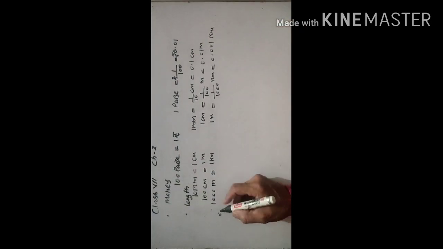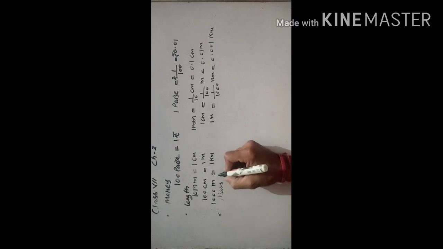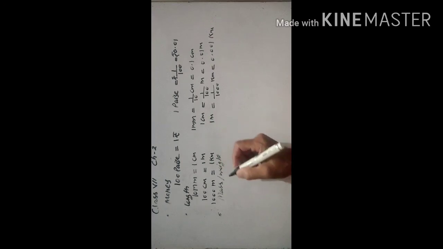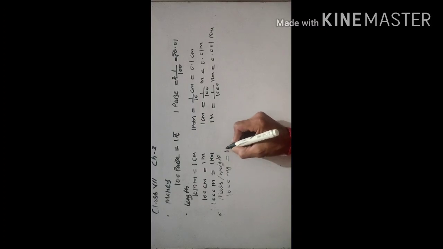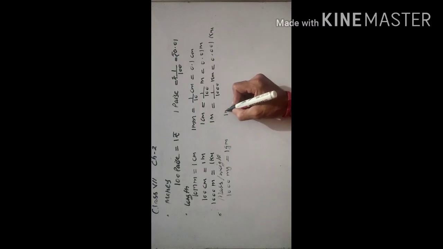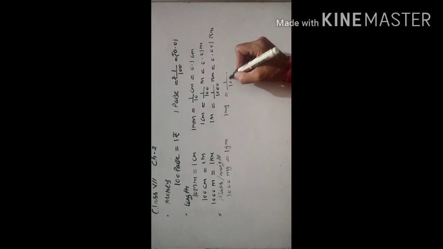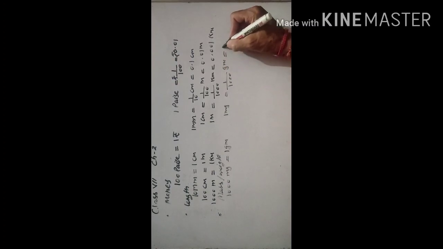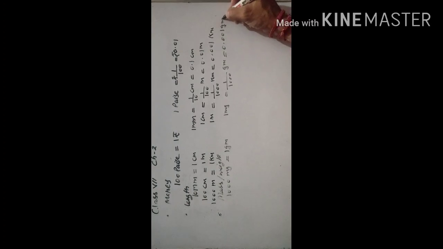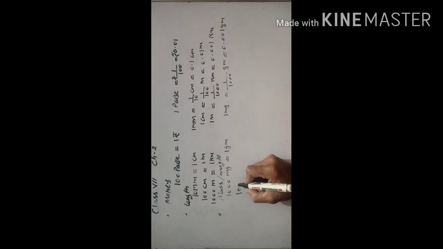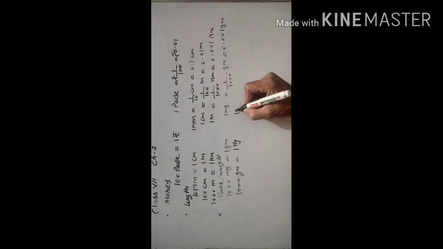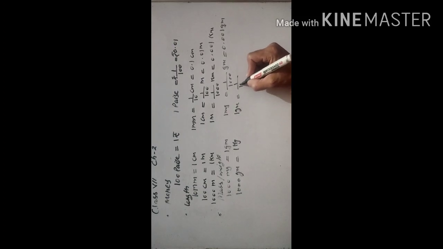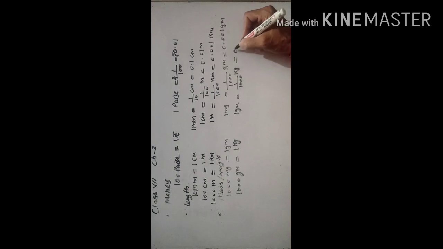Next part is weight, or we say mass and weight. 1000 milligrams is equal to 1 gram, and 1 milligram is equal to 1 by 1000 gram, that is 0.001 gram. 1000 grams is equal to 1 kilogram, or 1 gram is equal to 1 by 1000 kilogram, that is 0.001 kilogram.